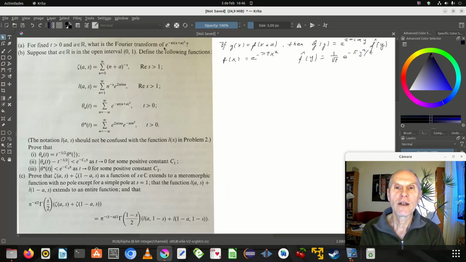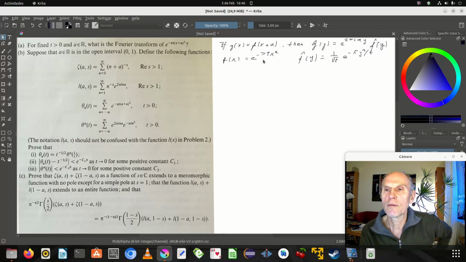So we have to find the Fourier transform of this function, and we already have from the text that the Fourier transform of this function is given by this. That was the proportional change of variable, using square root t times x instead of x.